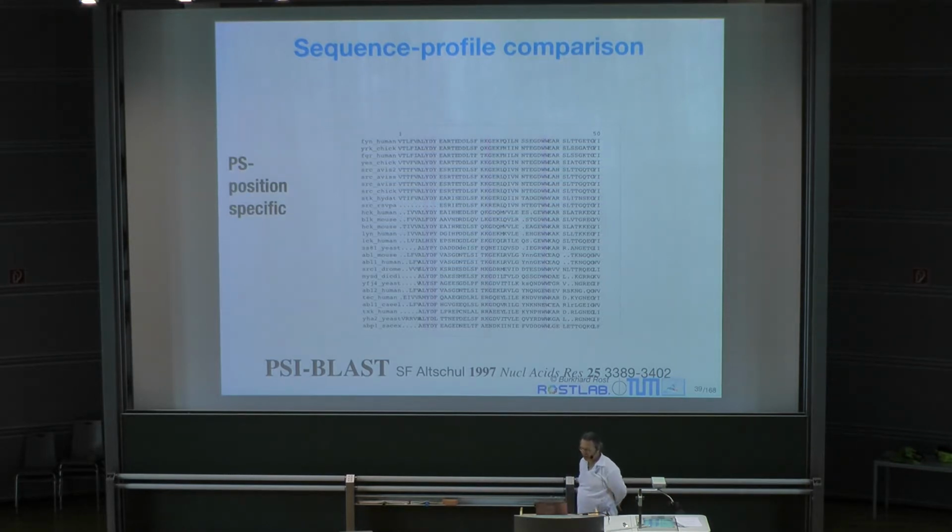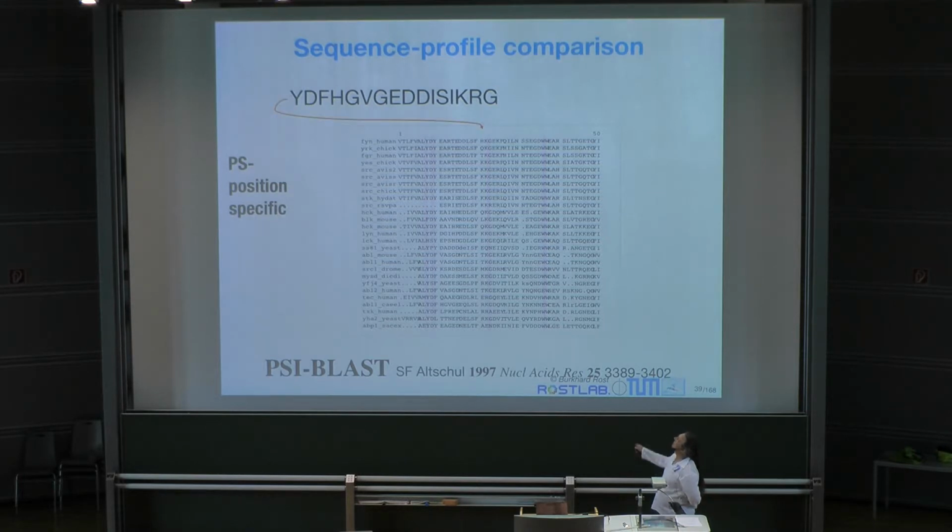Compile a position-specific matrix, and now with the new sequence, you align into that matrix. Actually, the first thing would be to simply redo this profile, as I showed you before. But now we have a specific matrix that is specific to that family.